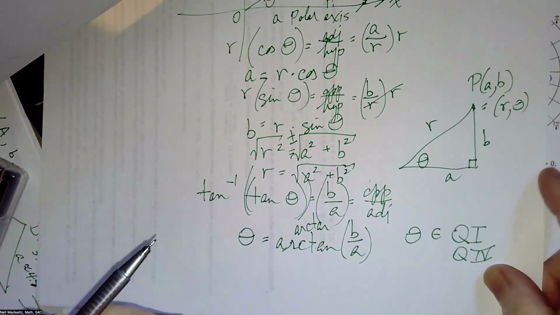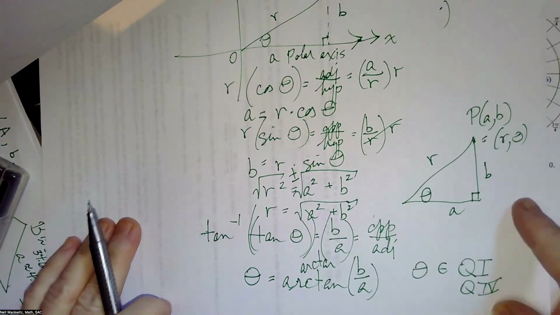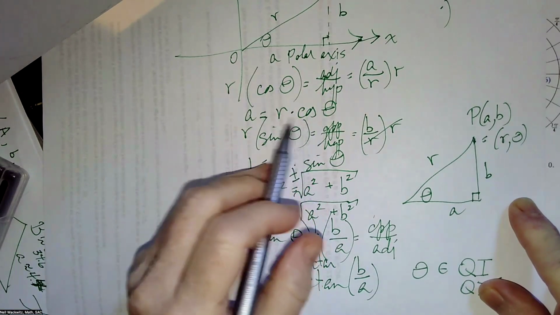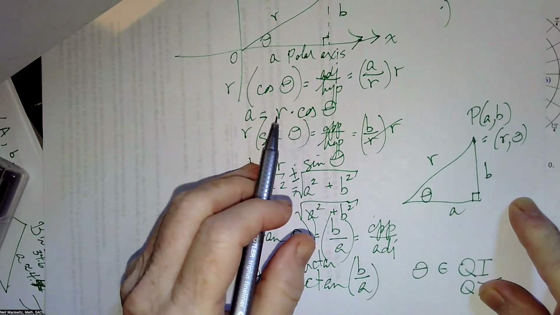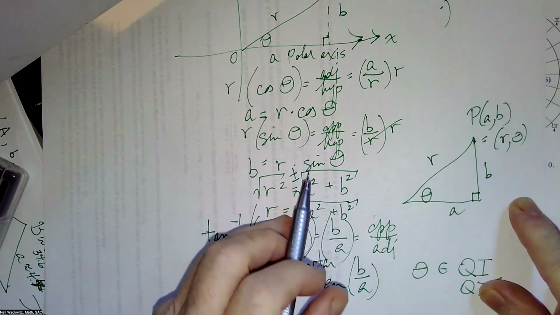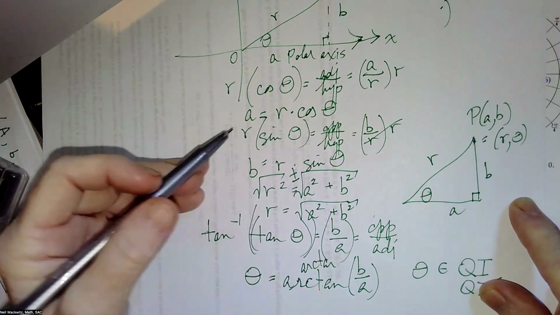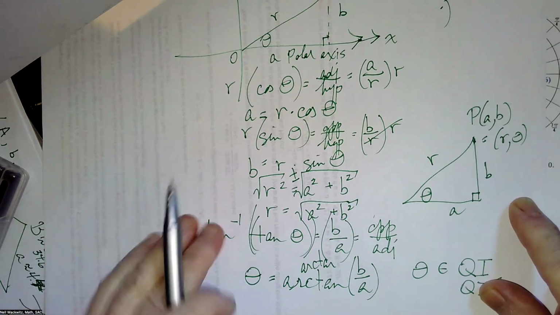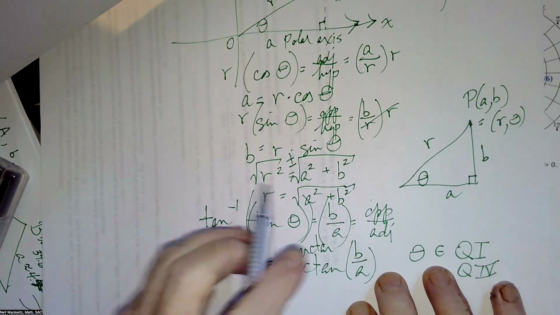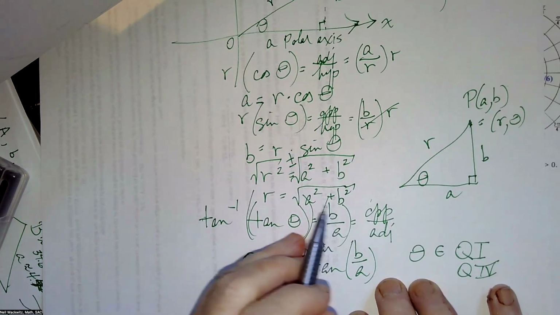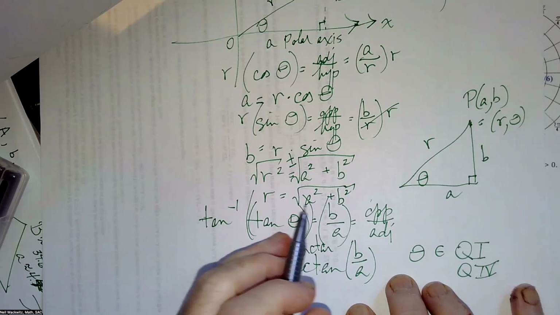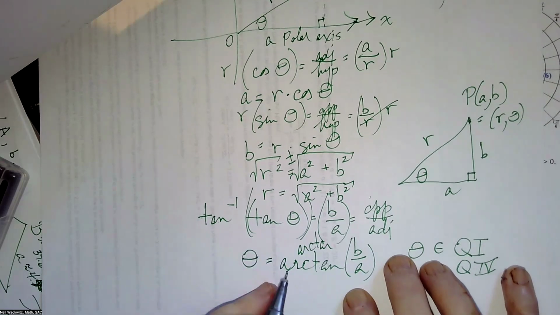But these are the equations that enable us to go back and forth. If we start with r and theta, we can take the cosine of theta multiplied by r and the sine of theta multiplied by r to get the rectangular coordinates. And if we start with the rectangular coordinates, a and b, we can square them, take the sum, and then the square root will be r.